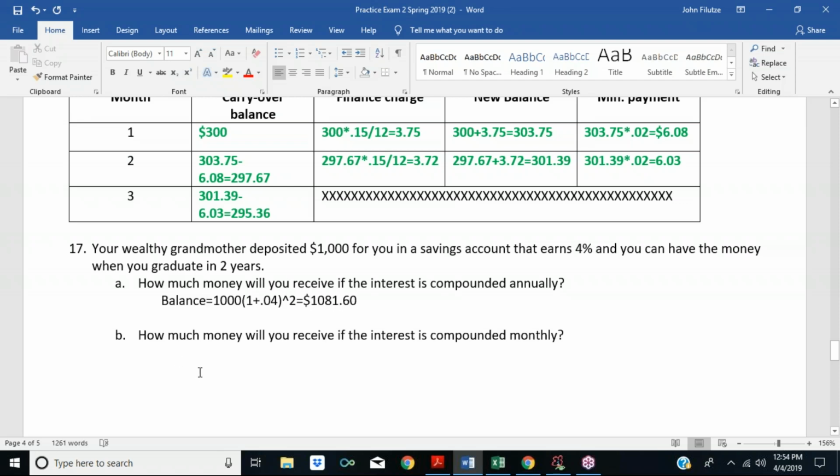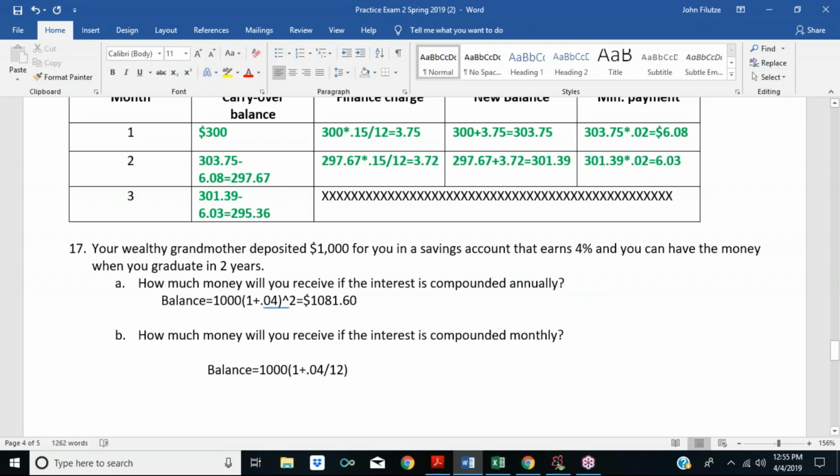The next question says, what about if it's compounded monthly? So now we need the formula below that one. Now we have the principal times 1 plus, and then we have this fraction. We have the rate divided by, well, this says monthly, so how many months are in a year? Everybody should be on that answer. 12.